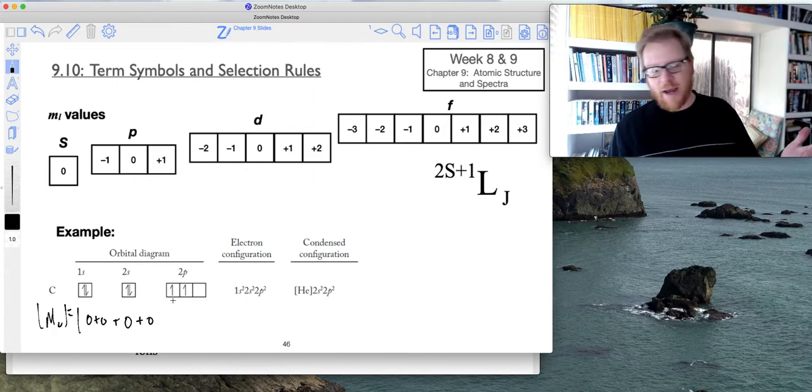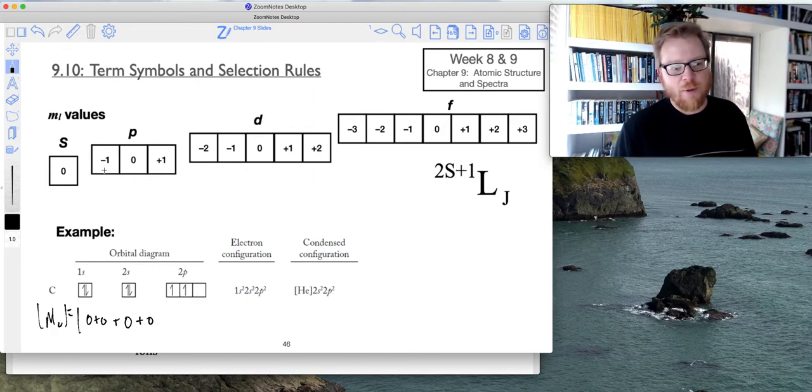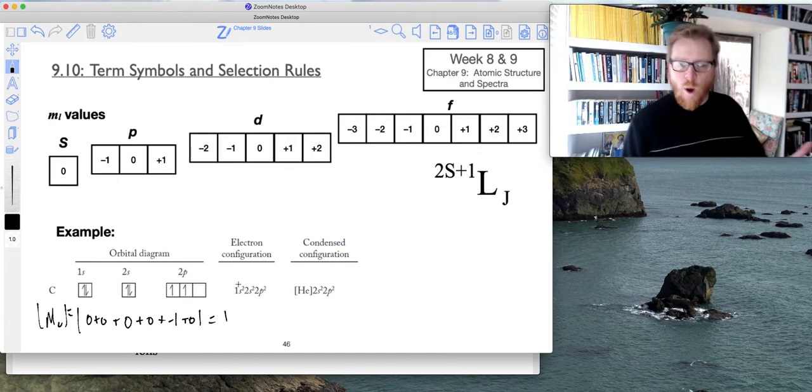And then finally, here's my 2p. Right, and I remember that was -1 and 0. So that's plus -1 plus 0. And of course, all of that just equals 1, which was our main P term right here, right?